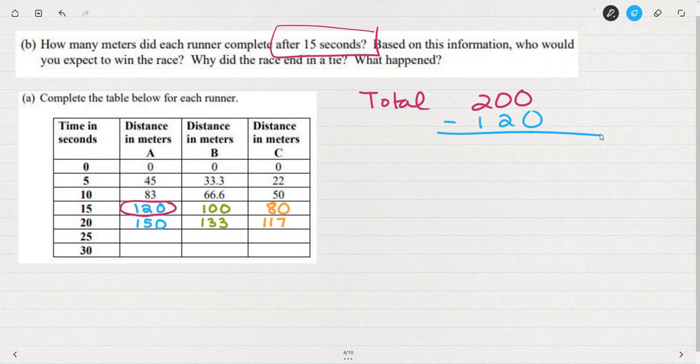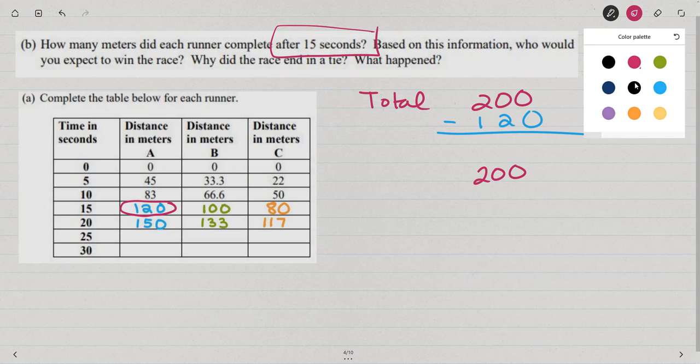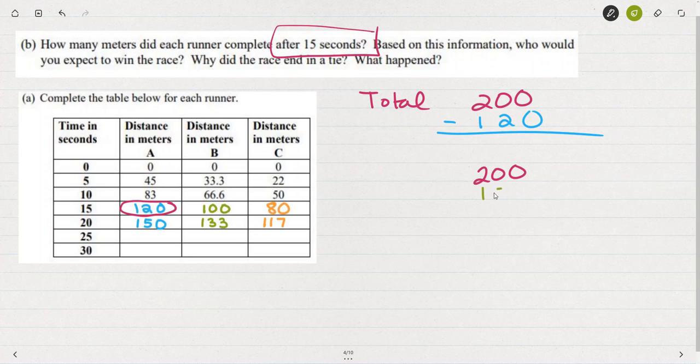I could subtract the 120 that runner A has already gone to get how far the runner went after 15 seconds. And I could do the same for each of these runners. 200 meters was the total. The green runner B had already gone 100 meters. So how far did runner B go after?